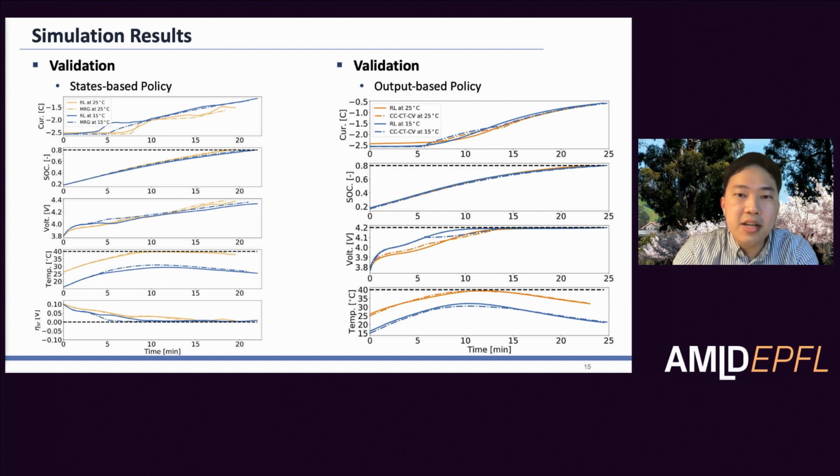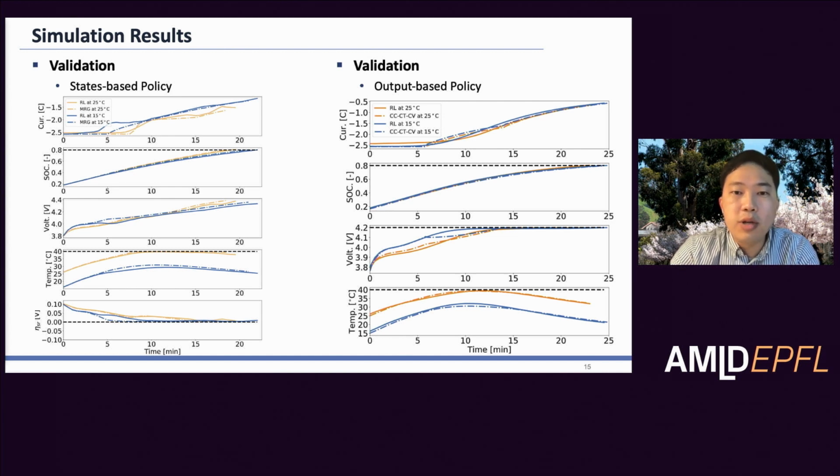As a validation, we compared the state-based policy case. We use as a baseline a modified reference governor, which is similar to model predictive control, just looking two or three steps ahead, checking state violations and deriving the control strategies. And for the output-based policy, we compared our approach with PID control for the CC-CV charging profile case.